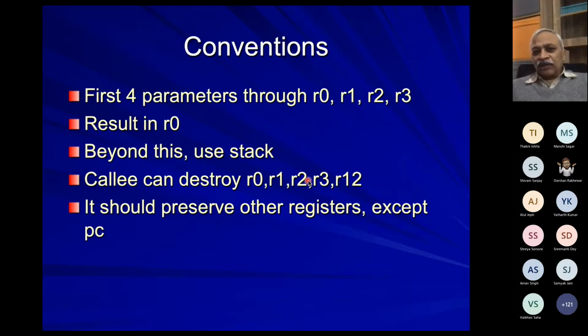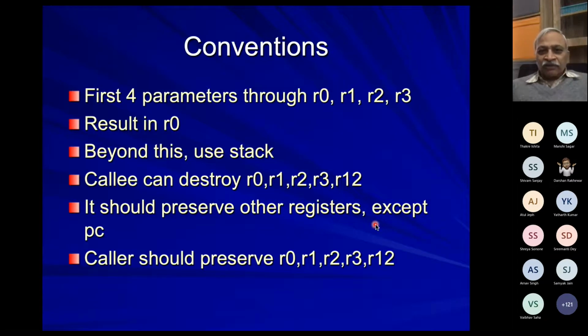Now, in case callee has to use more registers than these, then it has to first preserve their contents. By that we mean you save it into memory. Except PC, of course, PC keeps changing automatically. And on the other hand, caller cannot assume that the value it is putting in R0, R1, R2, R3, and R12 will be preserved.